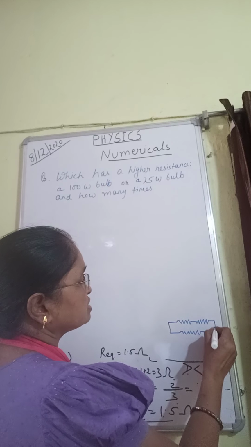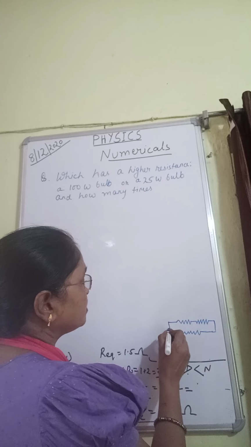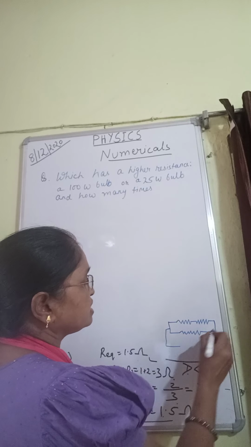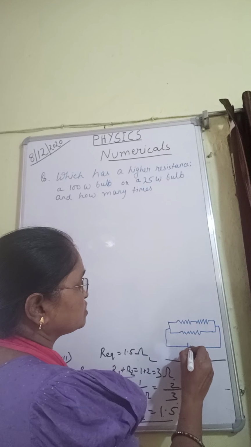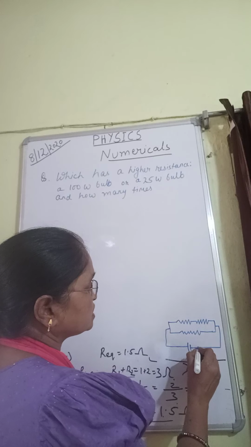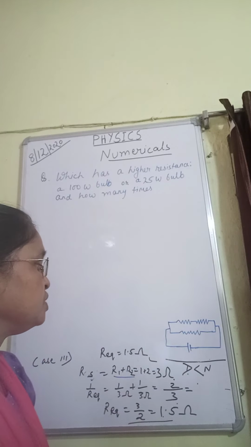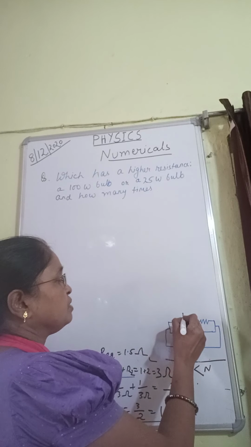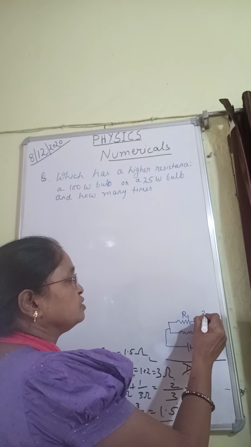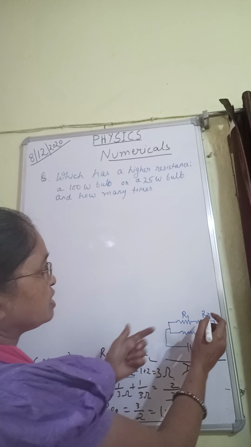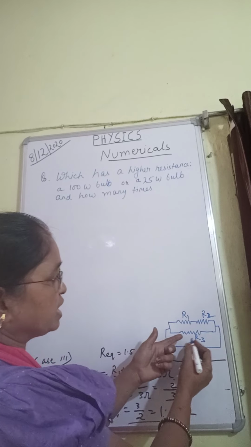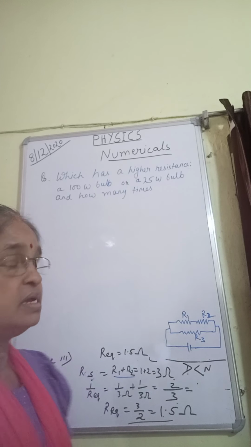We have shown it like this, and then from this one common point, you show the cell, that is potential difference. In the other two also you can show this. So here I am naming R1, R2 and R3. So here R1 and R2 in series are parallel with R3.